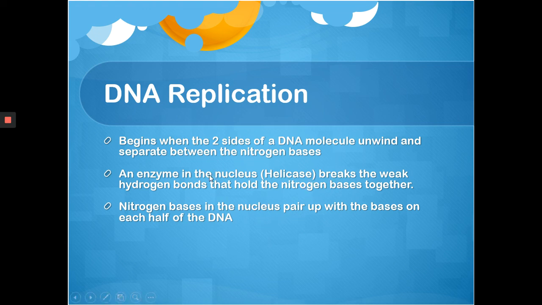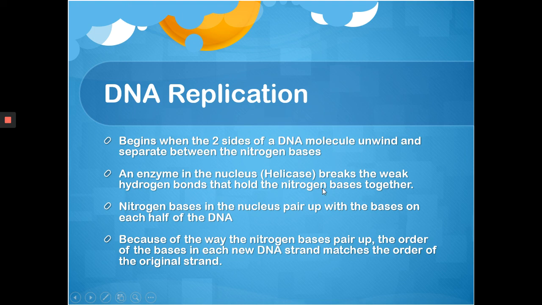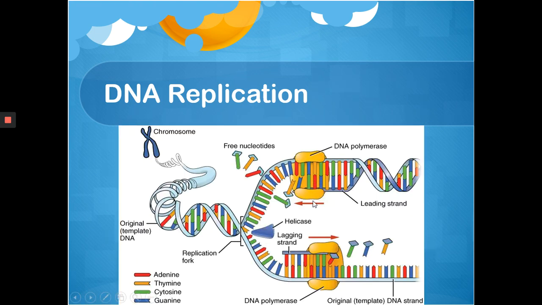So now we have these open ends of the two ladders, and because of the base pairing rules, the nitrogen bases just start attaching to these free-floating base pairs. It's probably a little easier for me to show you on this diagram. So here's our chromosome, it's all unwound, and the original strand of DNA is here.